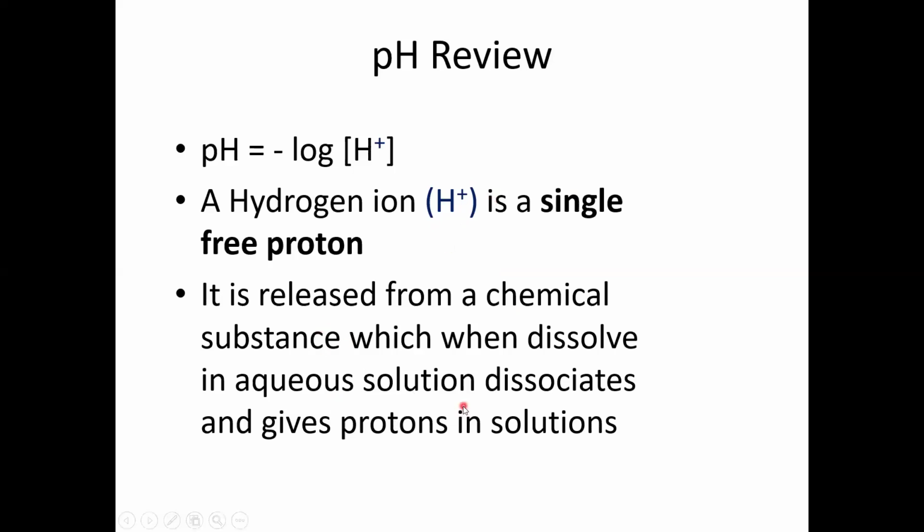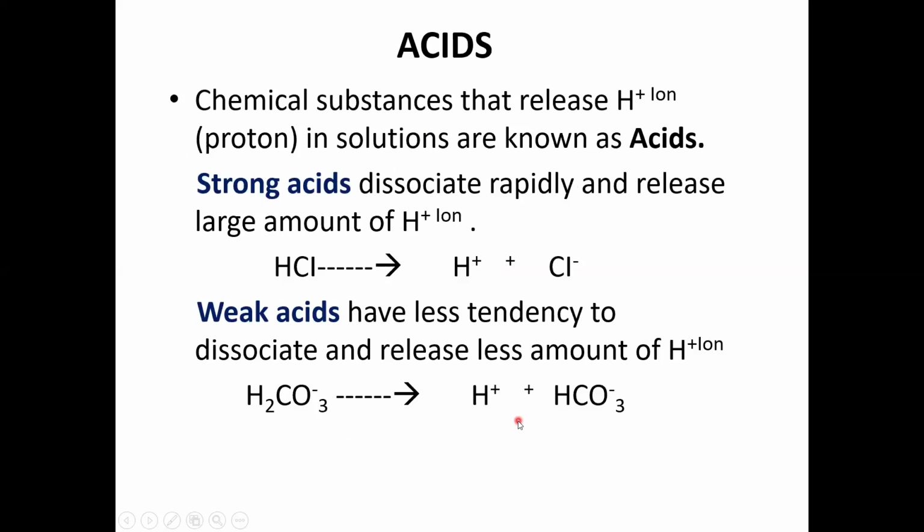So what are these chemical substances and what are they called? These are said to be acids. These are the chemical substances which when dissolved in aqueous solution or in water, they release hydrogen ions. Those chemical substances which have such a capability to release hydrogen ions are known as acids.